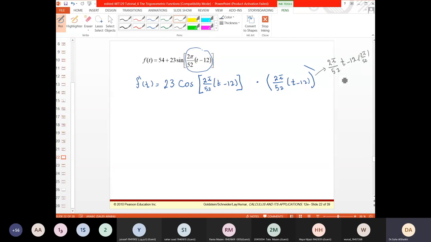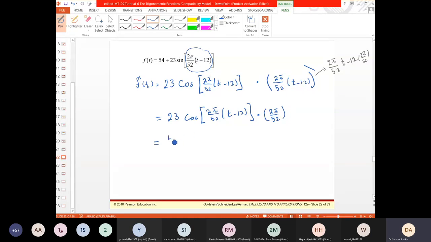What's the derivative of this one? It is 2 pi over 52. So this equals 23 cosine of the 2 pi over 52, and here we have t minus 12. And the derivative of all this is 2 pi over 52. Just multiply the constants together.